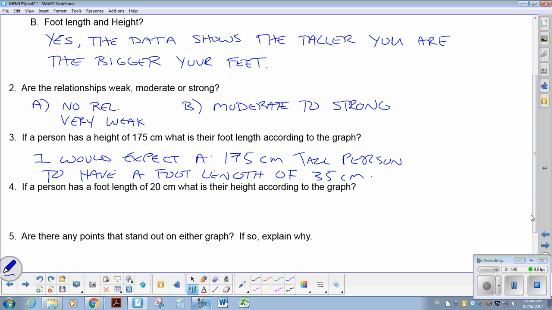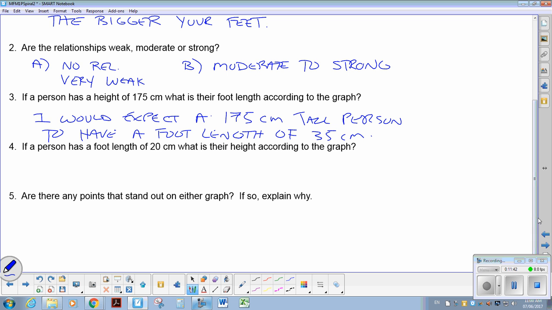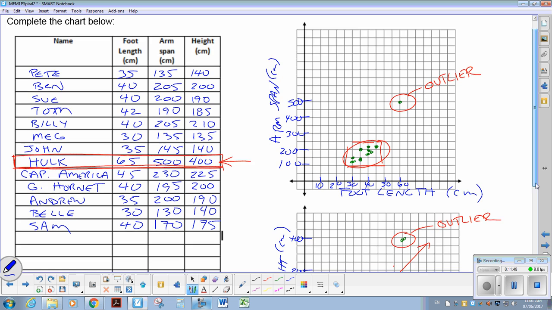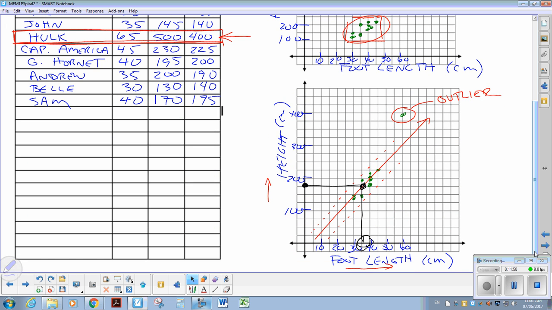Now, the next question. If a person has a foot length of 20 centimeters, what is their height? So we go back to the graph and we find a foot length of 20 centimeters. I will change to green, I guess. So here's 20 centimeters. We go up somewhere in here. So we're going to be pretty close to 100. So we could say about 100 centimeters or 1 meter.